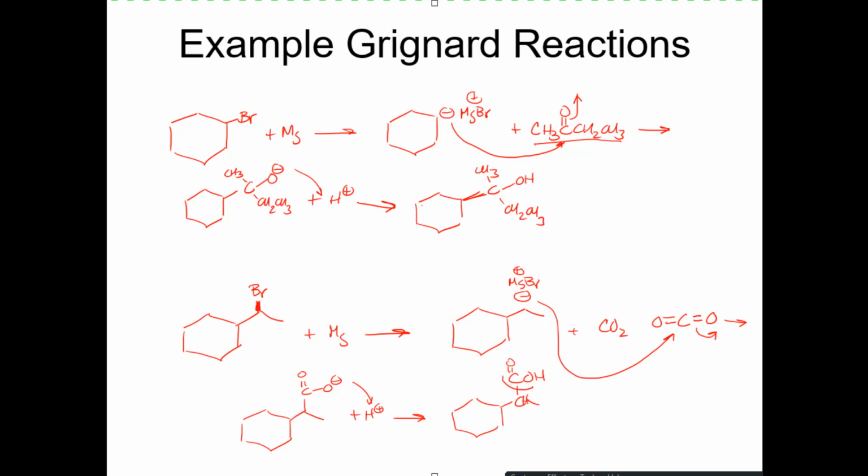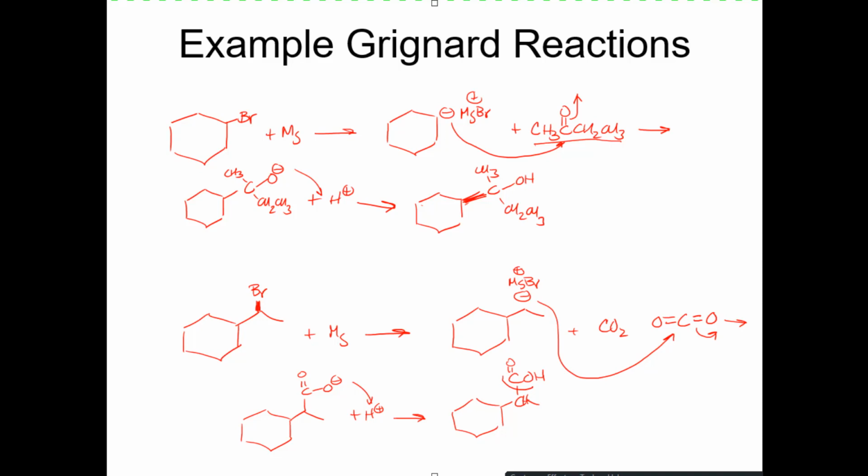And then the overall scheme of organic chemistry, the idea is to basically take a carbon skeleton and add functional groups to it and convert those functional groups into other molecules. So in this case, I'm forming a carbon-carbon bond, and I'm basically having an alcohol that I could do what with?